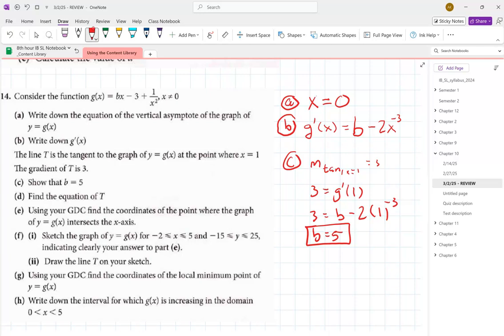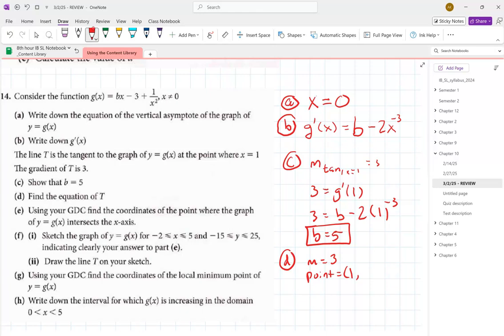Is everybody okay with what I did there? Because it told me that the slope is 3 when x is 1. That's what that sentence above says. Find the equation for T. Okay, so my slope I know is 3. It was given to me. My point is 1 comma something.